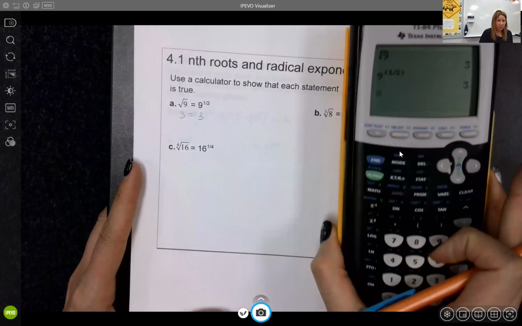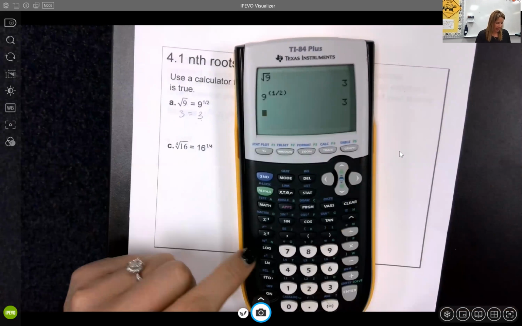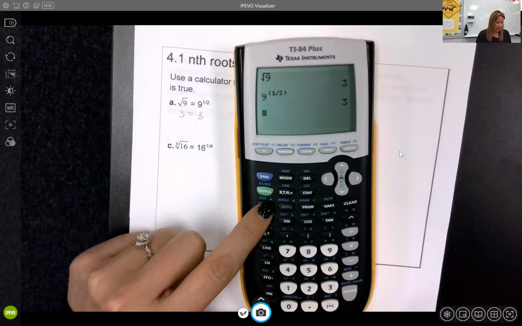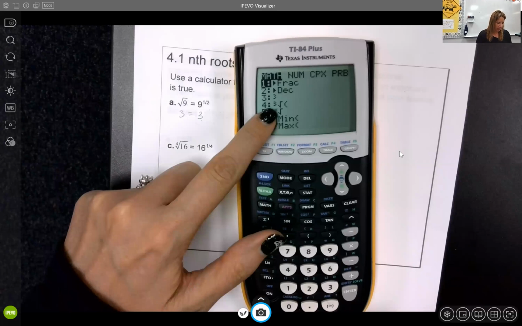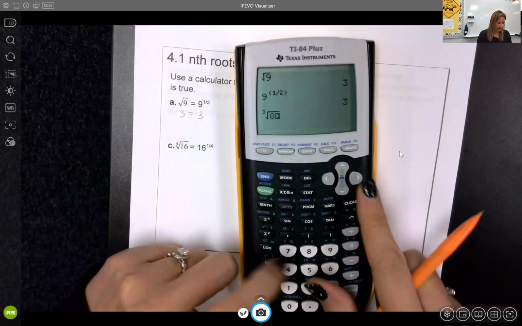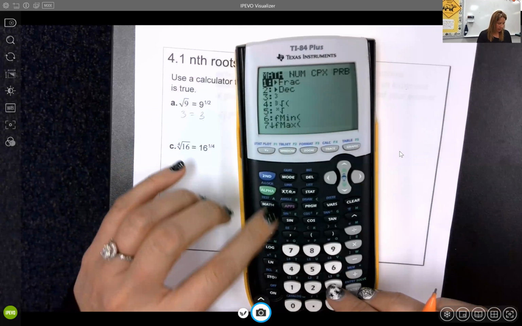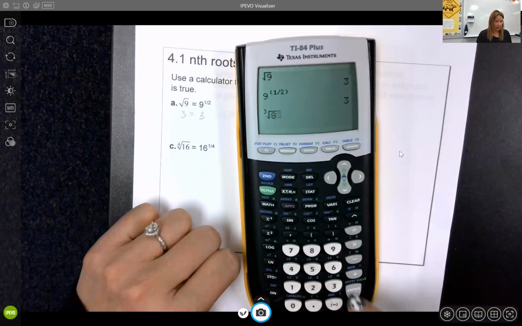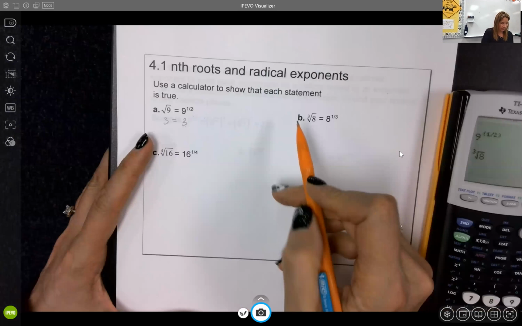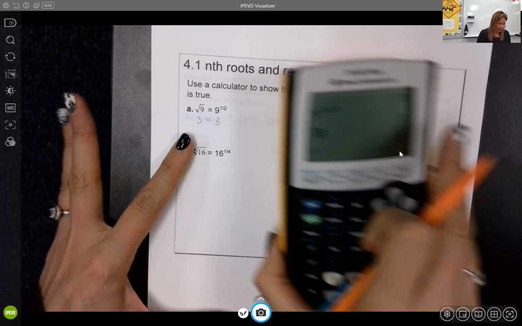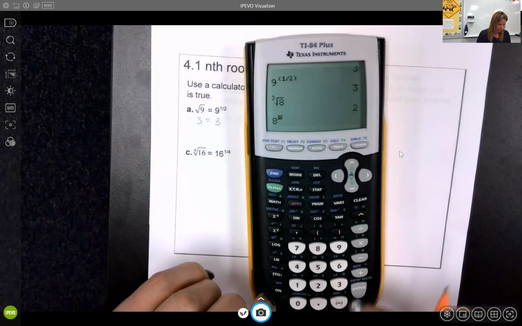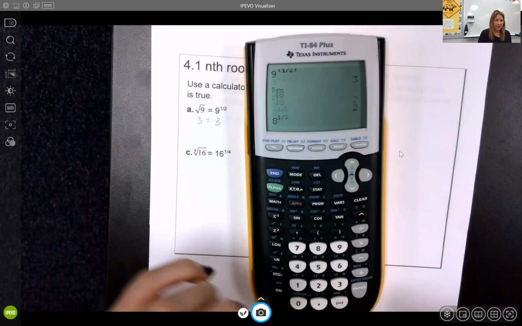If I do the cube root, I push the math button, and then the fourth one down is the cube root. So if I do the cube root of 8, I get 2. And then if I do 8 to the 1/3, I get 2.